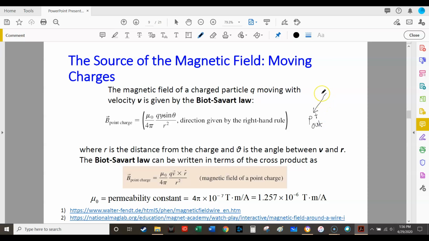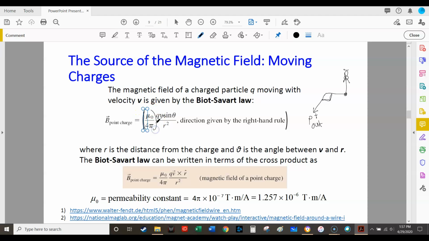Okay, so if it's pointed out of the page, and you want to know the direction of the magnetic field over here, just to its right, well, that magnetic field is going to be pointed up, correct? And so they're making a 90-degree angle to each other, right? So that's why this is actually QV sine of theta, okay?